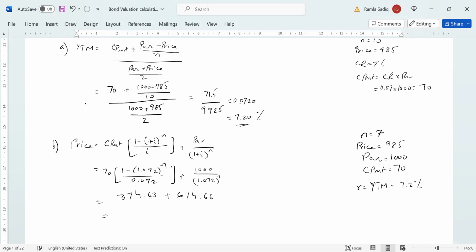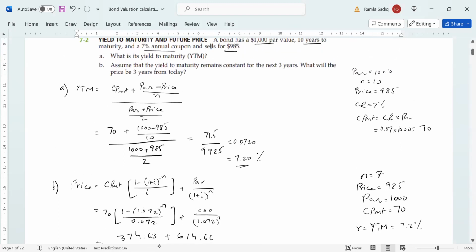If we add these two numbers, 374.63 plus 614.66, we get 989.29. And so the price 3 years from now is going to be $989.29. That is the answer to part B.